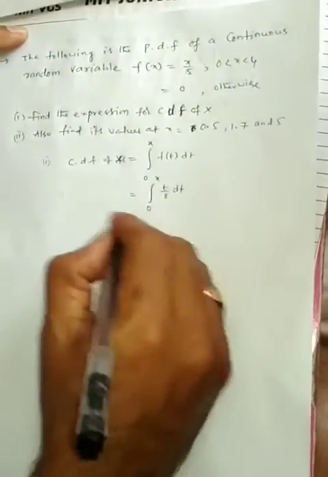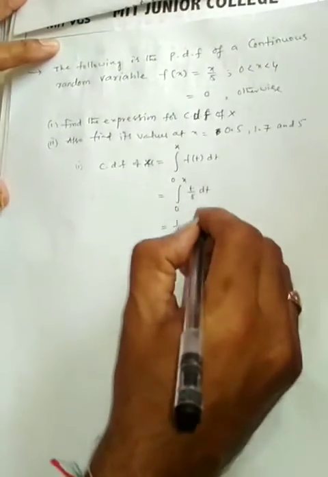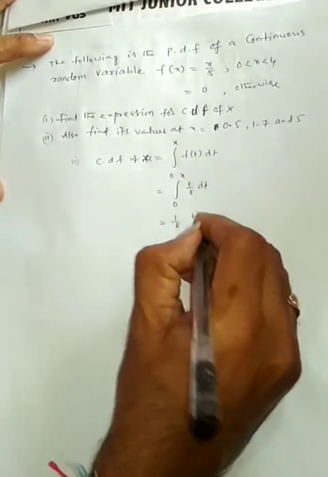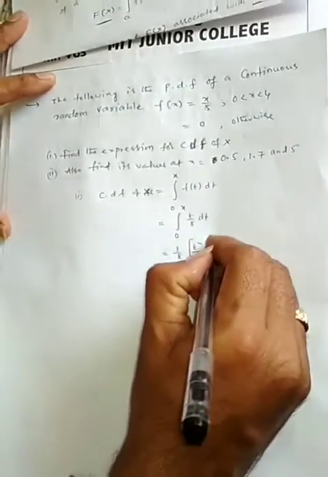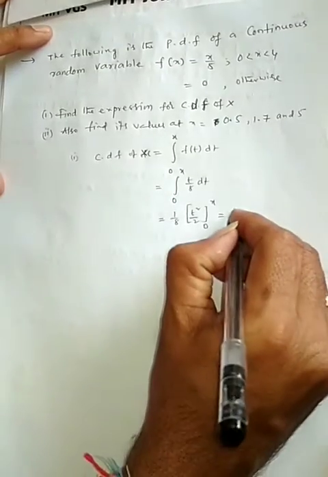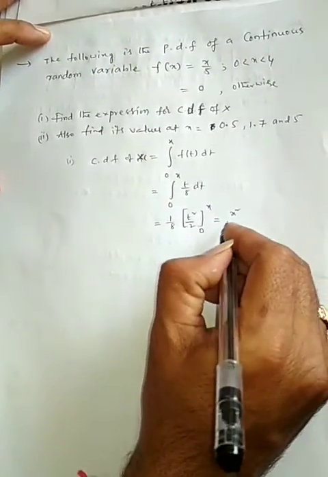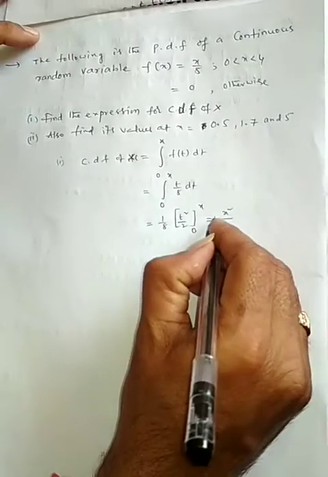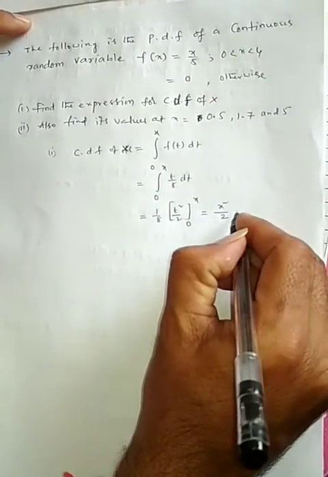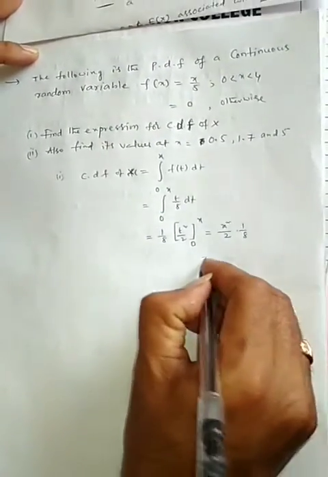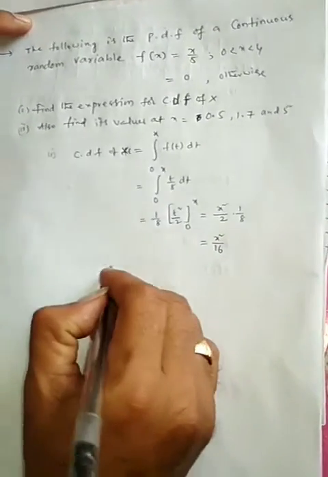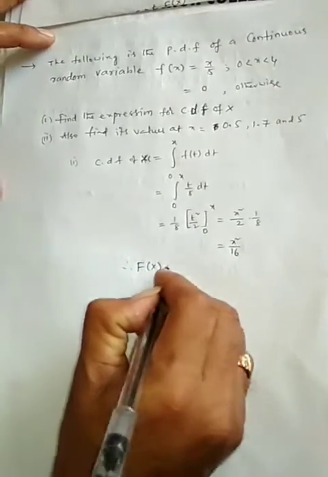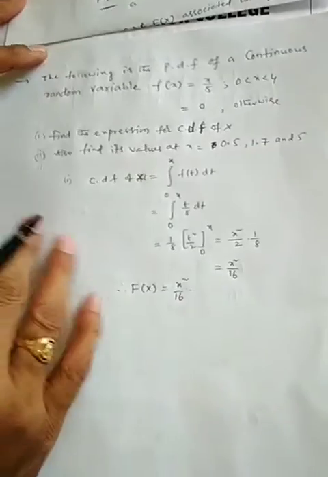This is equal to 1 by 8 as a constant, times the integral of t dt, which is t square by 2 from 0 to x. This is equal to x square by 2 into 1 by 8, which is x square by 16. Therefore, F(x) is equal to the CDF, x square by 16. So that is the first answer.